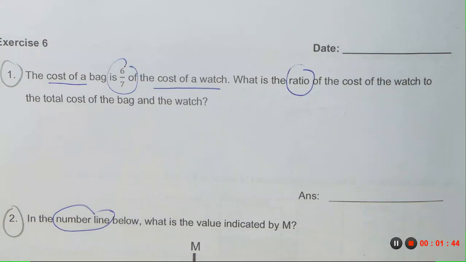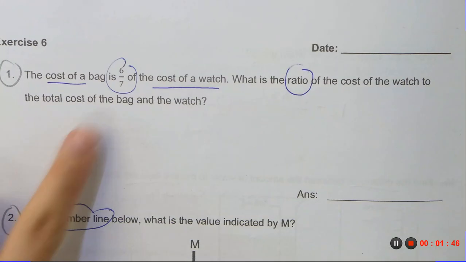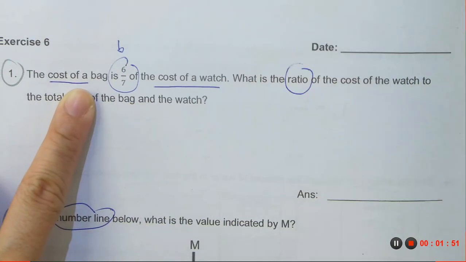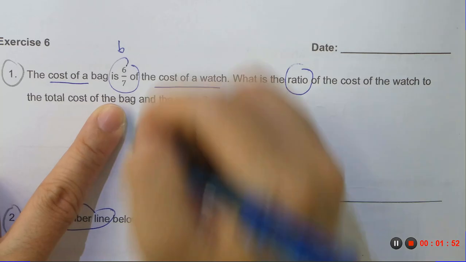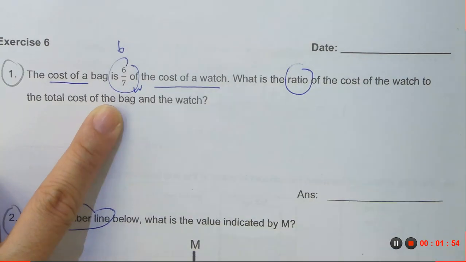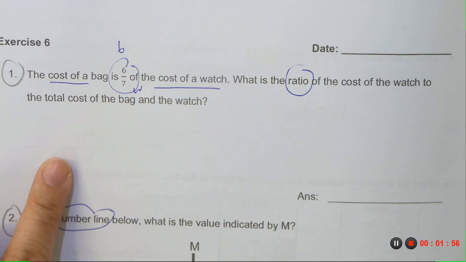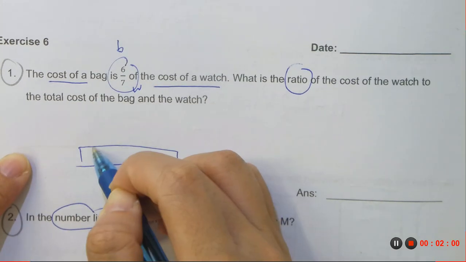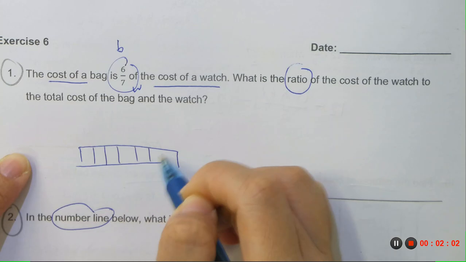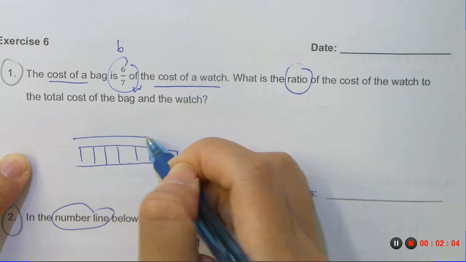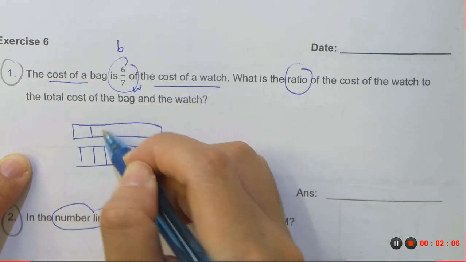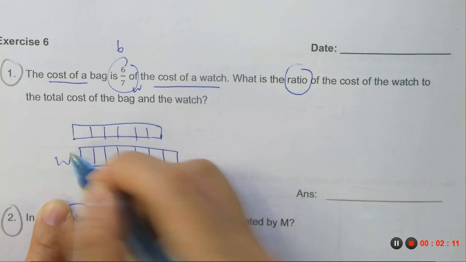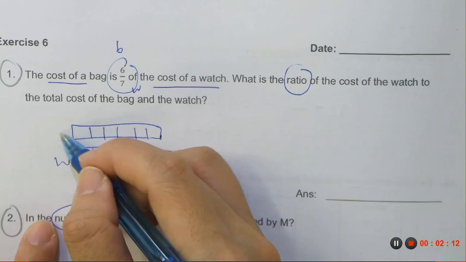And then the little trick that I say is that when you see a fraction like this in a statement, you can think of it as the first named item and the next named item. To be sure, you can draw a model to show 7 units, and then you have 6 units. So out of the 7 units for the watch, the bag is only 6 of it.